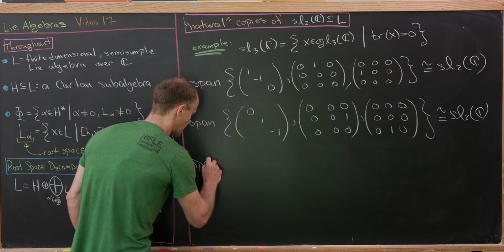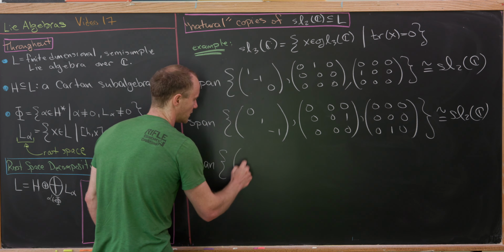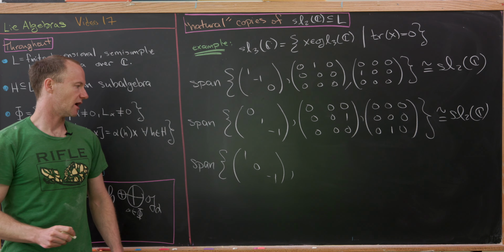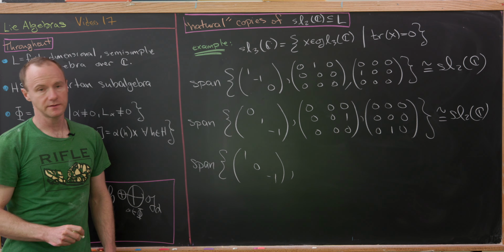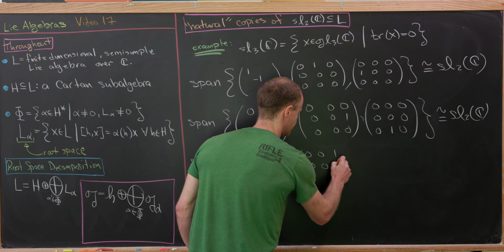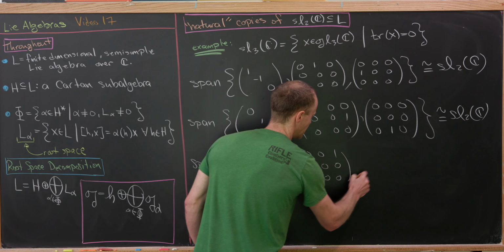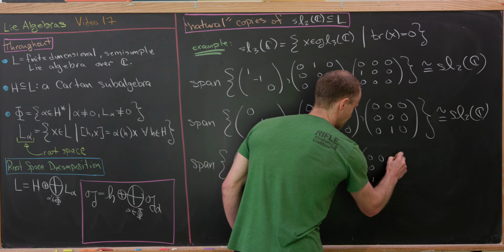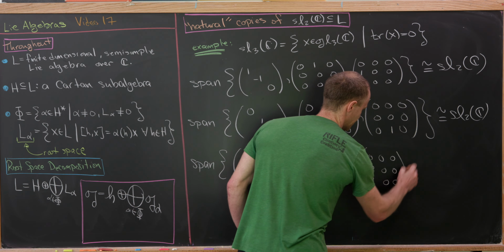And then maybe there's one more natural one, which has an H matrix of 1, 0, -1. The E matrix will be 0, 0, 1, 0, 0, 0, 0, 0, 0, and the transpose of that will be the F matrix. So it looks like this.